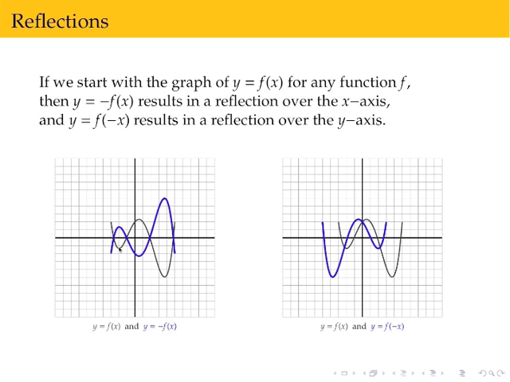So you can see it's our same original mystery function, and negative f of x reflects over the x-axis. So I have a mirror image where my mirror is my x-axis. Over here we also have a mirror image, except this time the mirror is the y-axis when the function is f of negative x.